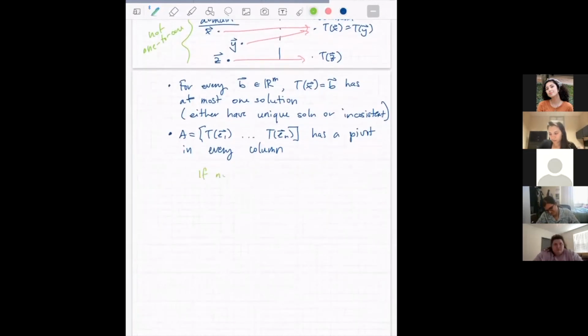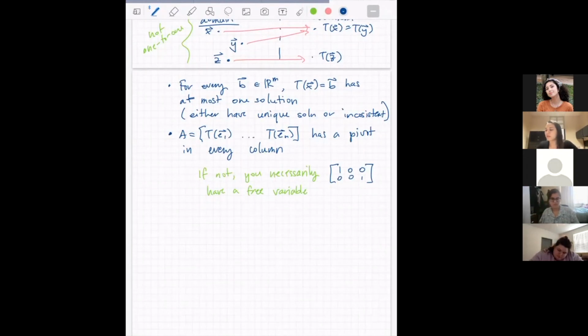If not, then you necessarily have a free variable. If you look at a matrix like this, say this is your associated matrix, and it doesn't have a pivot in every column, you have one column where it does not, and that is associated with a free variable.